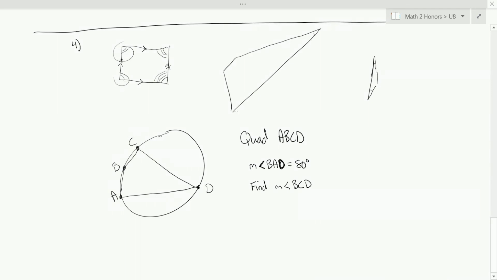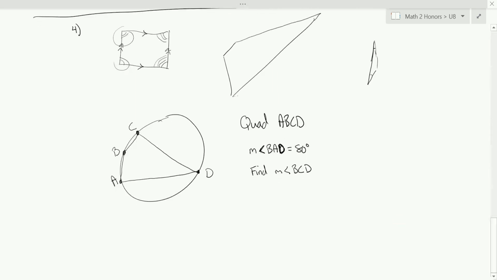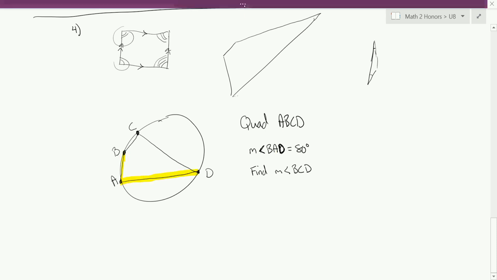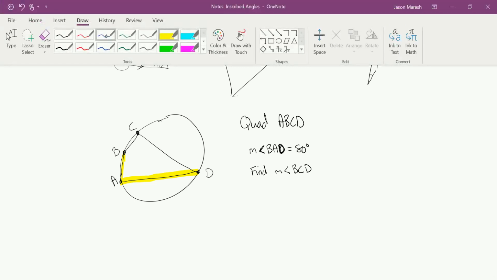Right? Anybody get it? 80 degrees? No. 150? No. Oh, no. So let's put down what we know. So BAD. Do you guys see the inscribed angle? Okay. So the inscribed angle is 80 degrees.